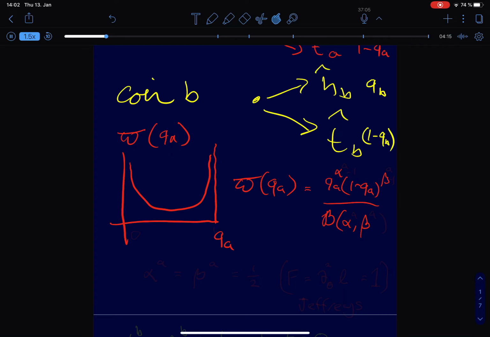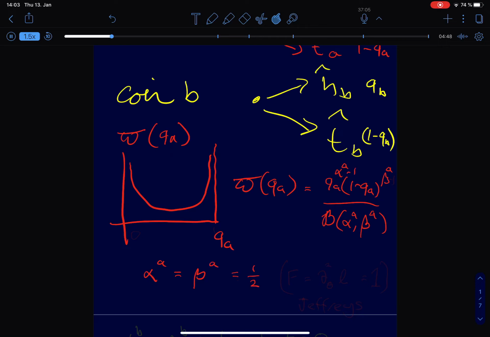I'll give these superscripts as well, since I can't fit subscripts, to indicate that they're the parameters of the distribution for coin A's state. And traditionally, at time 0, the Jeffreys prior is the case where alpha A equals beta A equals 1/2.